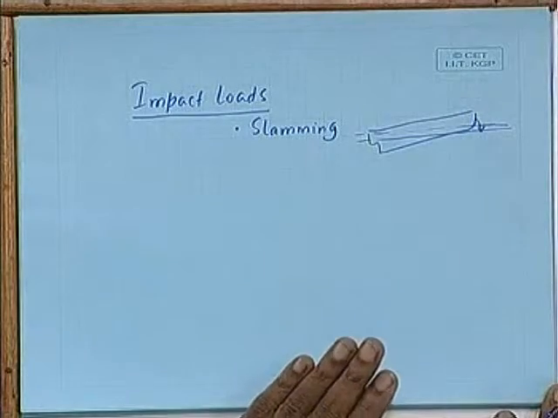Okay, then what happens? If your ship has a flat bottom there, which would normally be so in the case of a bulbous ship or a U section shape forward end, where you have a flat bottom, then the ship will get a very heavy impact with the water. As the relative distance between the ship and the sea surface becomes 0, there will be a large impact on the ship hull from the bottom.